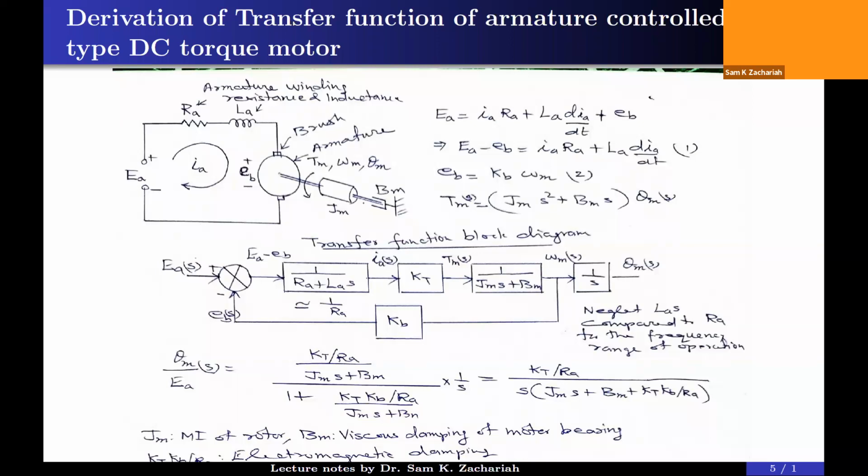Now you simply remove the bulb. If you remove the bulb, RA becomes infinity. Suddenly you can understand that the damping will come down, because RA going to infinity means this term will come down. Understand? So you might have experienced what electromagnetic damping means.